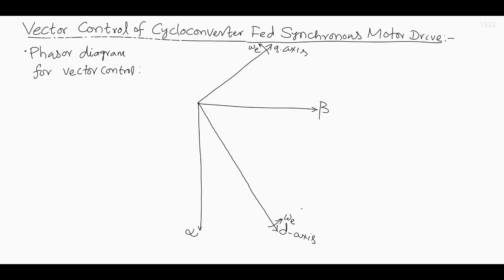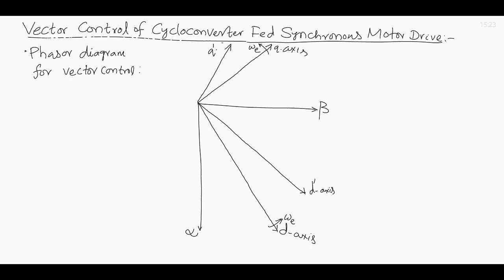The field flux is along the d axis, but there is also the stator flux linkage, which in a motor moves ahead of the rotor field. That is the d dash axis, and at right angle to it is the q dash axis.